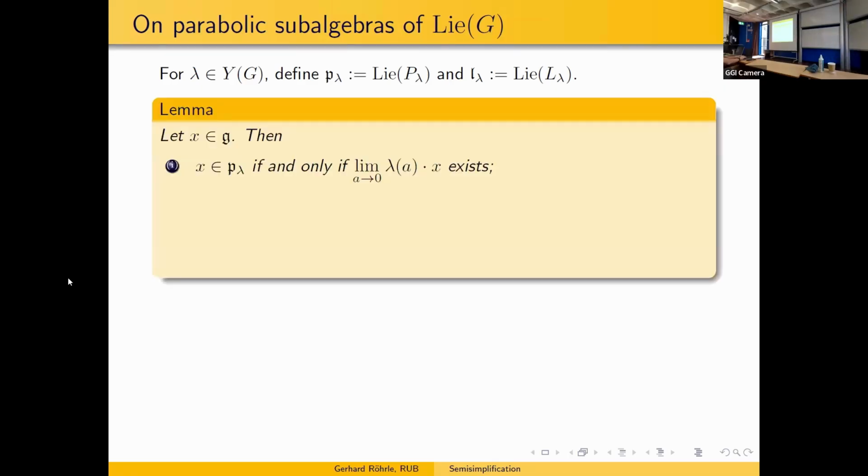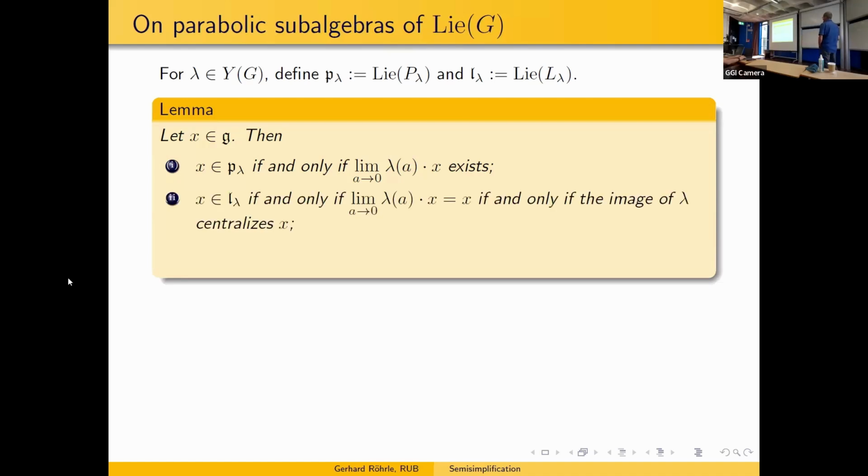There's a description of them in terms of existence of limits. If X is in little p lambda if and only if this limit exists, and this time it's the adjoint action, we have to differentiate that. And if it's in the Lie algebra of L lambda, that is true if and only if it's fixed, and the limit exists and is zero if it's in the Lie algebra of the unipotent radical.